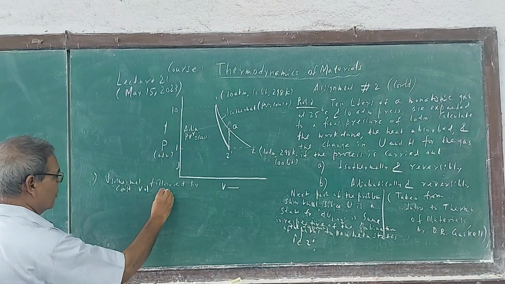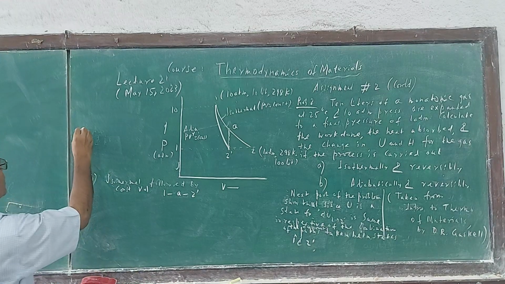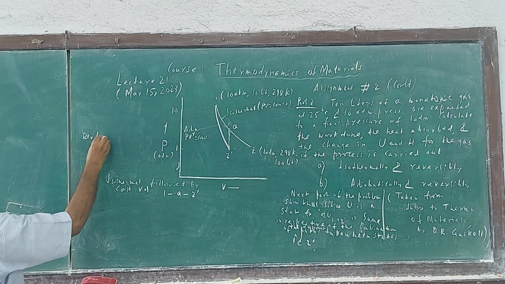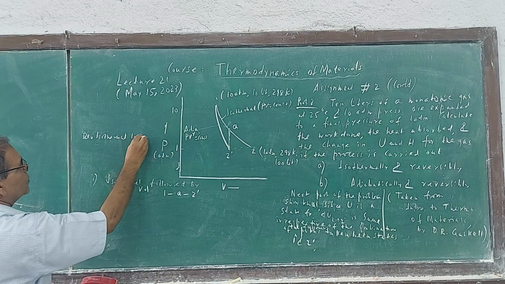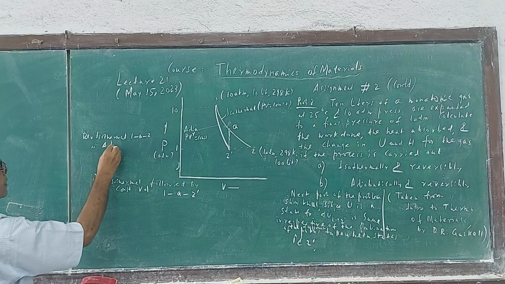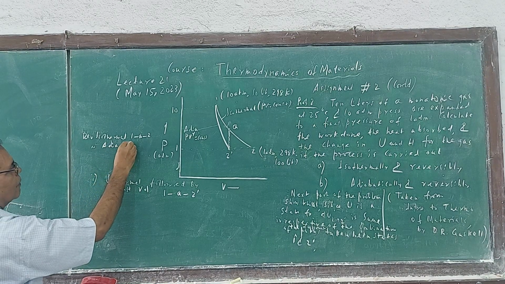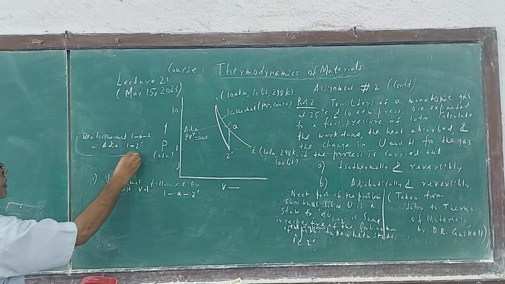One path is 1A 2 prime. Let me write on the top. Reversible isothermal 1A, and reversible adiabatic 1 to 2 prime. We have seen this already.